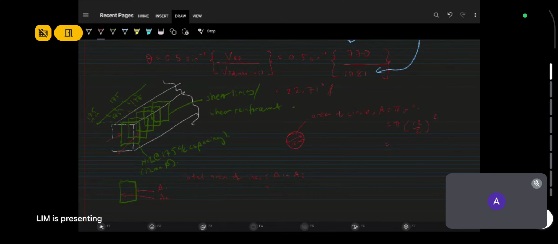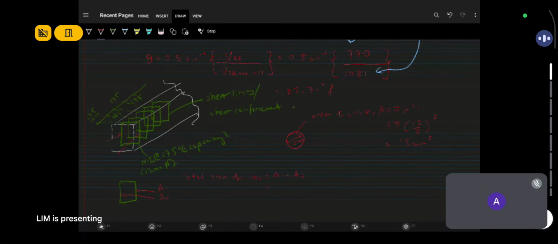Quick, how much? Someone else? Maybe from a lady this time. I want to hear. 113.1, okay, 113, let's say 113. Thank you. So the area of a 12 millimeter bar is 113.